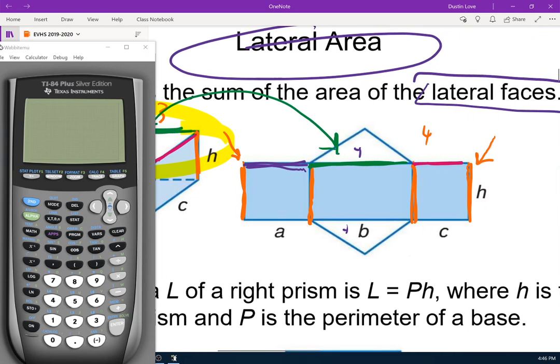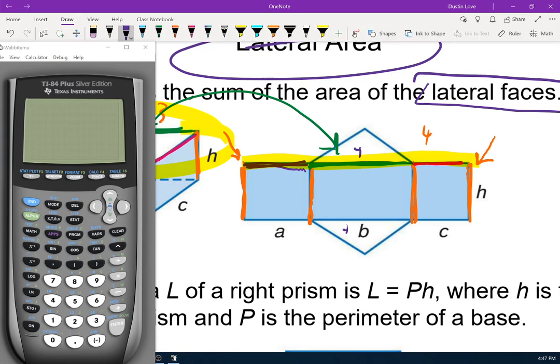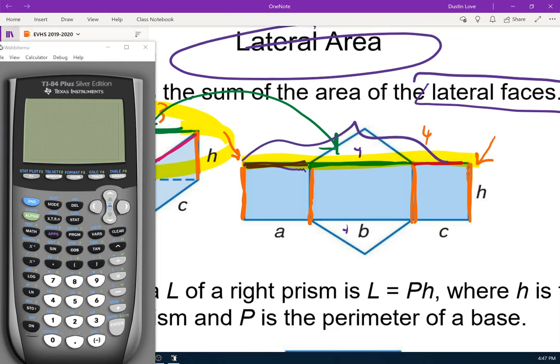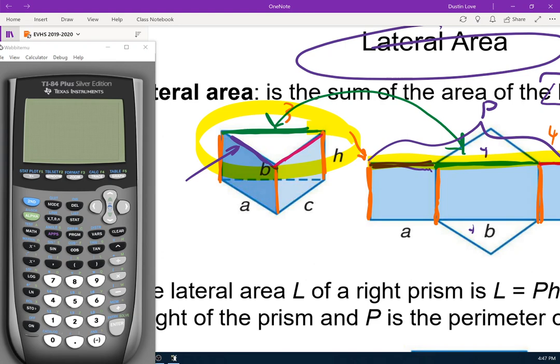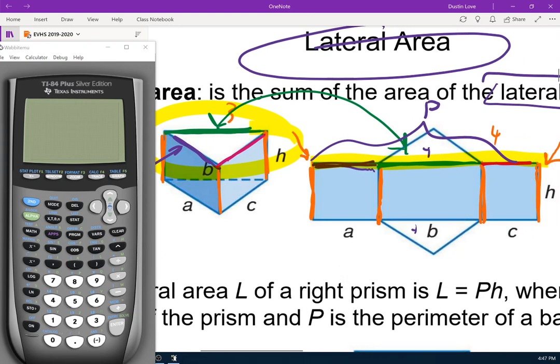Now, notice what happens on this one. That perimeter of the base, purple plus green plus pink, that perimeter is just going this direction, and that is the length of the rectangle. So when I multiply length times width, this entire thing is just the perimeter of this shape.